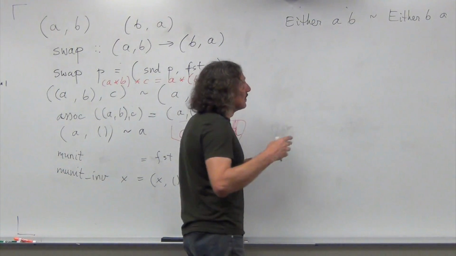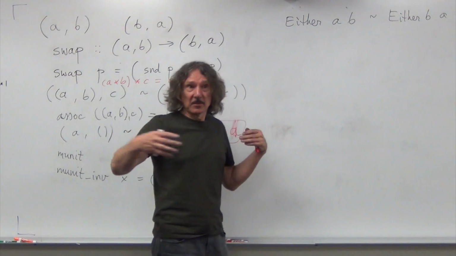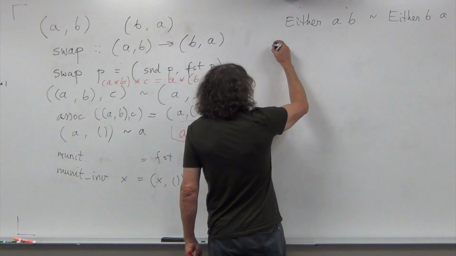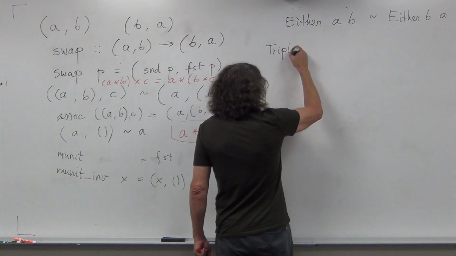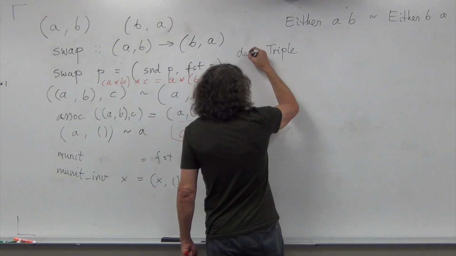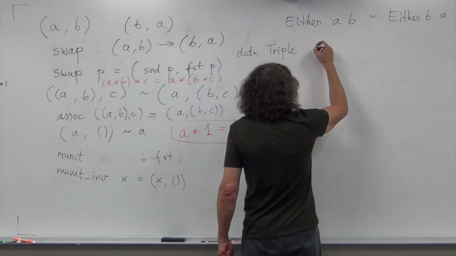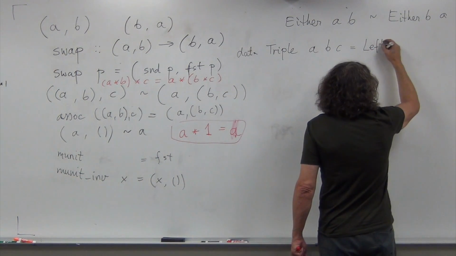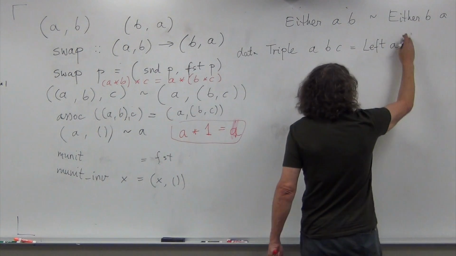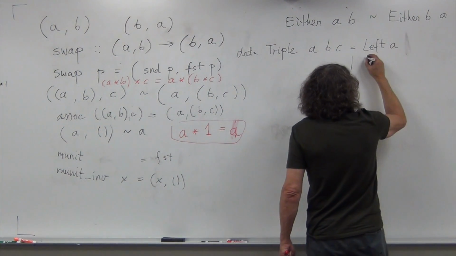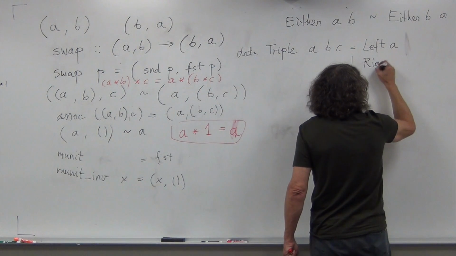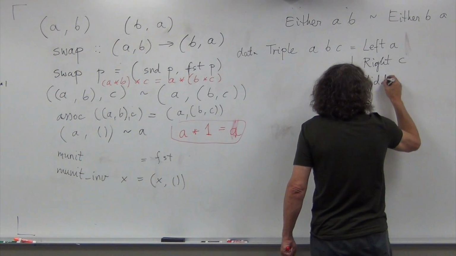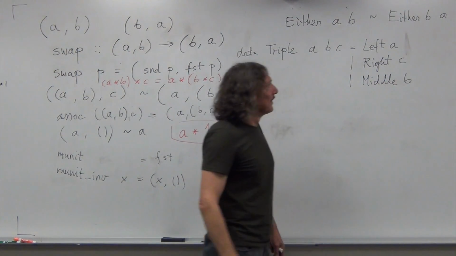So in fact, if you want to associate a bunch of these Eithers, you can as well write data structures like data Triple ABC equals, in Haskell we do this, Left A or Middle B or Right C, right?